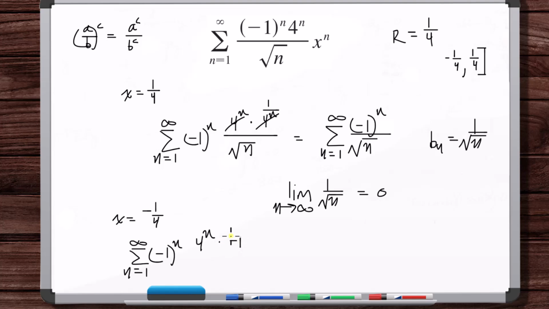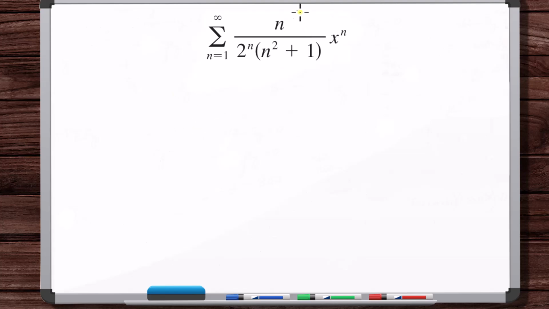So we would get minus 1 to the n, and then minus 1 to the n times minus 1 to the n. That gets rid of that alternating portion. And that's a p series where p is less than 1, so this is divergent. So there you go. There's the radius and the interval.